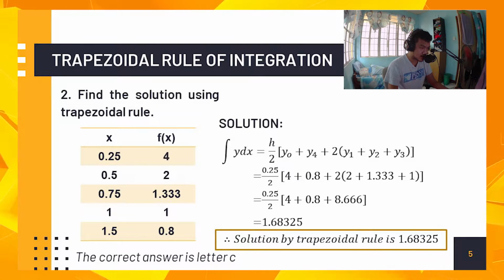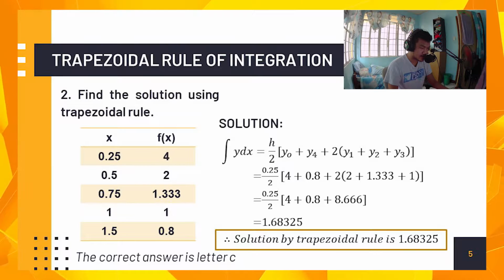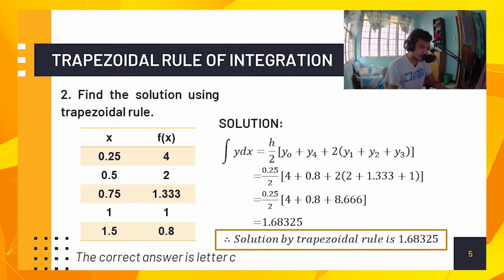Evaluating it, we will have 0.25 over 2 times the quantity of 4 plus 0.8 plus 2 times the quantity of 2 plus 1.333 plus 1. Simplifying it further, we have 0.25 over 2 times the quantity of 4 plus 0.8 plus 8.666. And finally, we will have the answer of 1.68325. That is letter C.